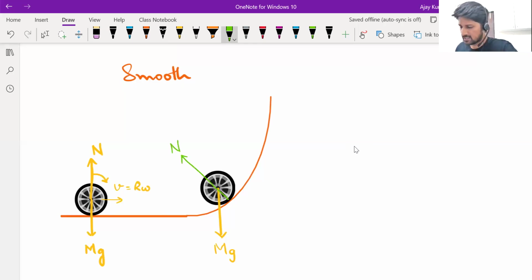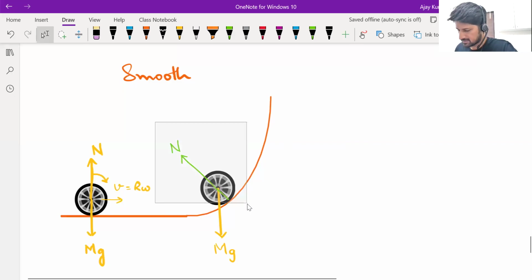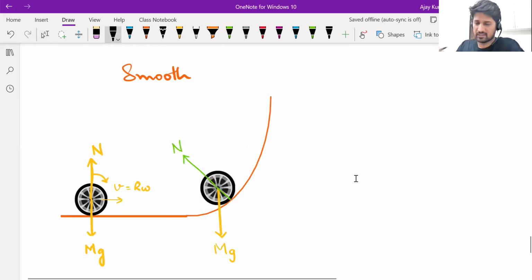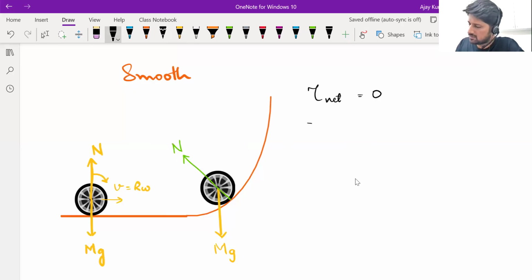Now both of them still pass through the center. So none of them can produce a torque even now. So even when it is on the inclined surface, in the absence of friction, the net torque is 0. That means there's nothing to change omega. So omega continues to remain the same, even while it is ascending on the smooth surface.